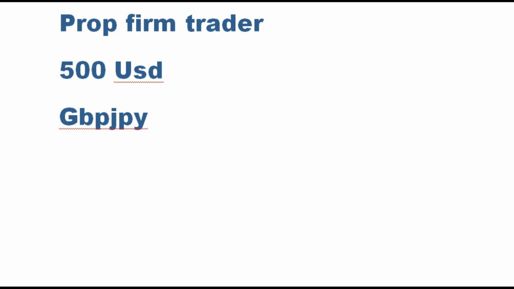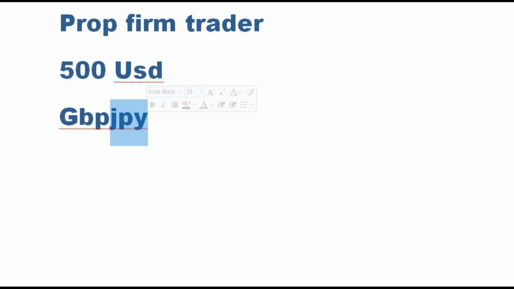In this scenario your account is denominated in USD and you want to trade GBPJPY, where the quote currency is the Japanese yen. That means you need to change your dollar risk per trade into Japanese yen.